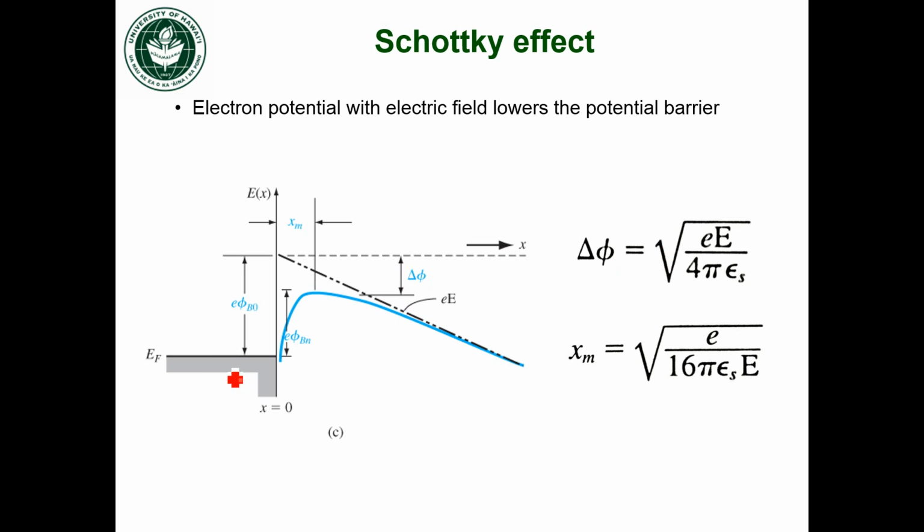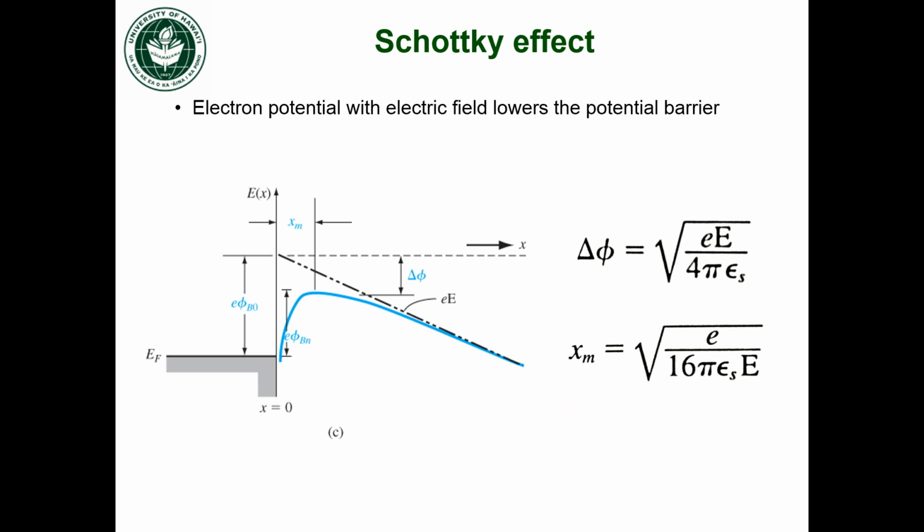So if you were to calculate what this delta phi is, and then you look at a real semiconductor, so pick a particular metal, say aluminum, and a particular semiconductor, say silicon, you can calculate what this barrier lowering is due to the Schottky effect, but because of the surface states, and we don't know what those are, it's not actually going to be the real value. Okay, so we're not really going to use this equation to figure that out.